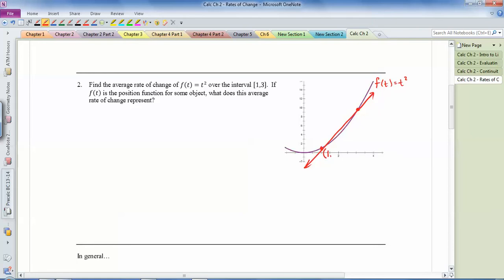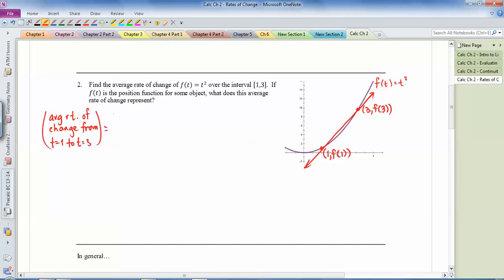This point down here is 1, f of 1. This point up here is 3, f of 3. And so we want the average rate of change from 1 to 3. So I'm going to write this out. Average rate of change from t equals 1 to t equals 3.